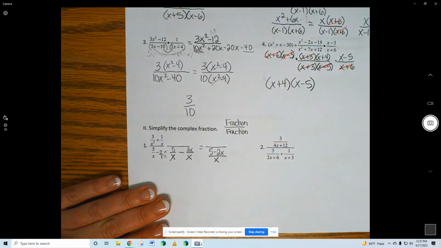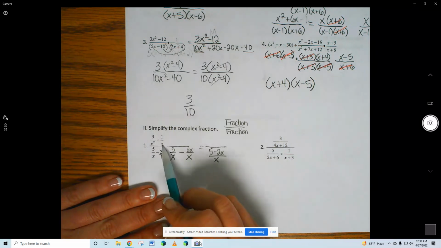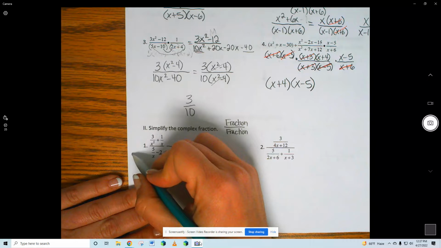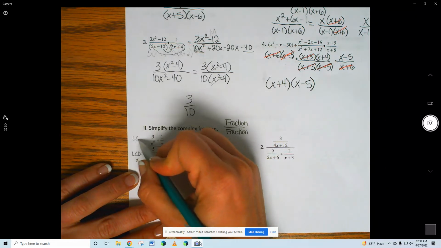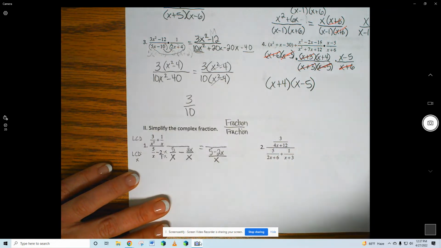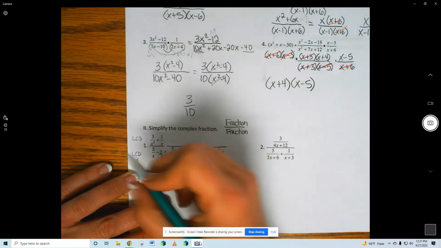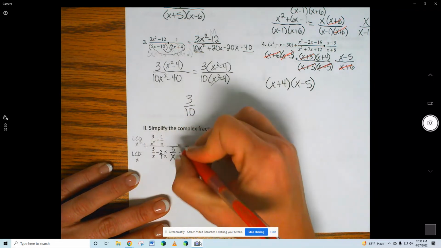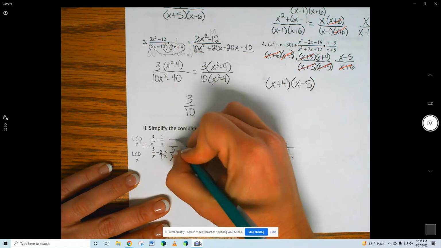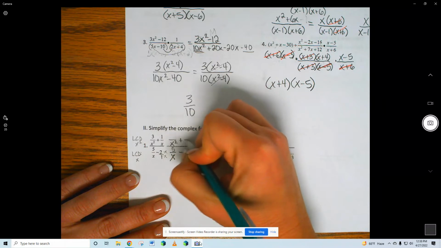Now let's worry about the numerator. I want both of them to have a common denominator. So this least common denominator is x, and this least common denominator is x squared. So I want to make, this already has an x squared, and I want to make this one have an x squared.